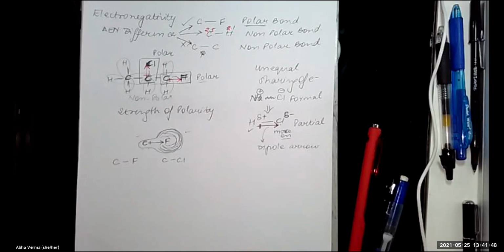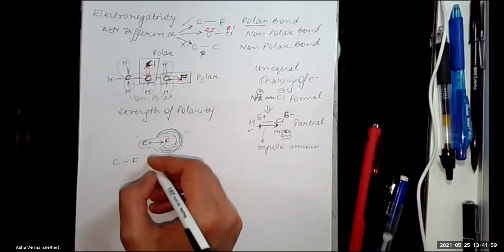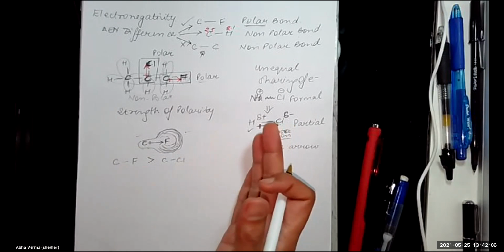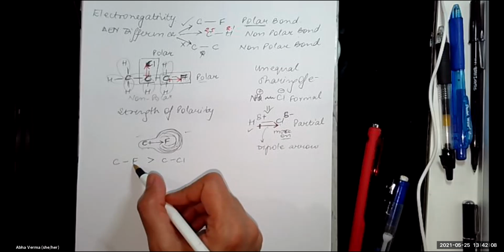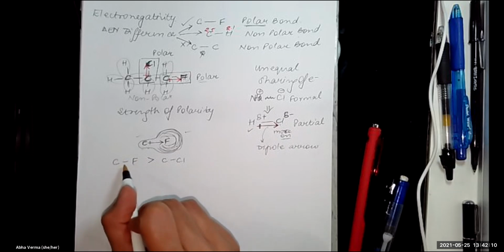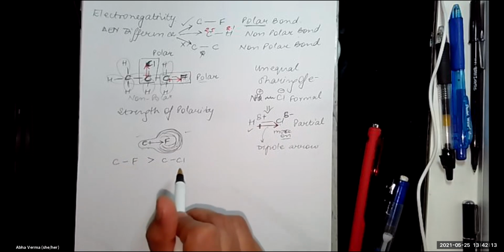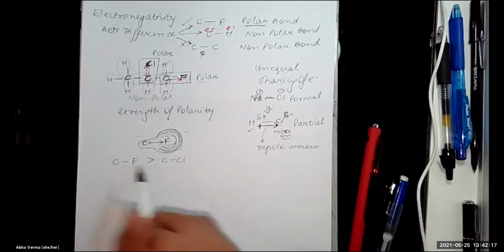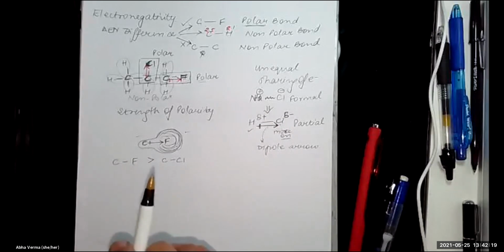It'll be CF. Yes. Very good, Elizabeth. Because fluorine is a more electronegative element, the strength of this polar bond will be more as compared to this. So more difference of electronegativity, more polar that bond will be.